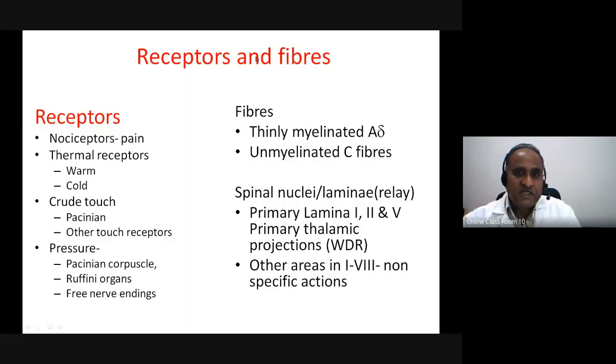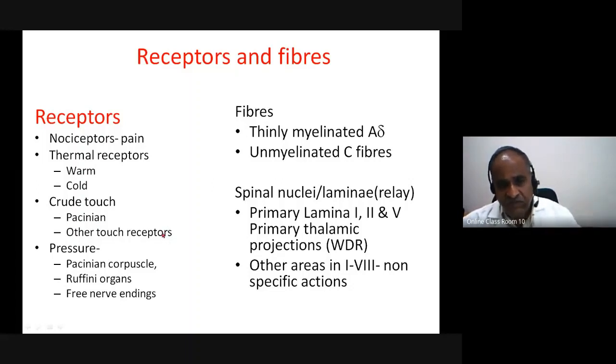The receptors for these anterolateral column sensations, I'm talking about both. The receptors are nociceptors for pain. Then we have the thermal receptors for warm and cold sensation. For crude touch, the Pacinian and other touch receptors.